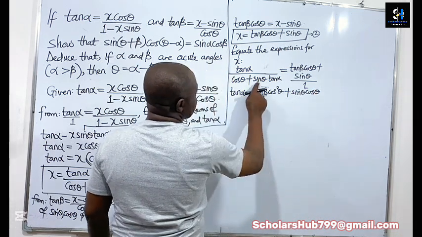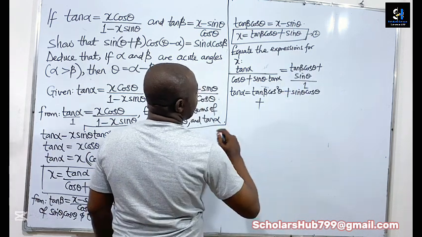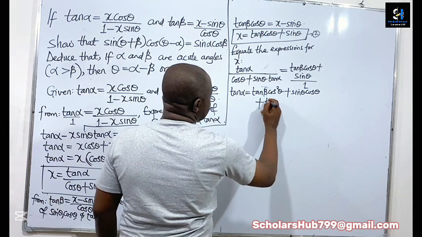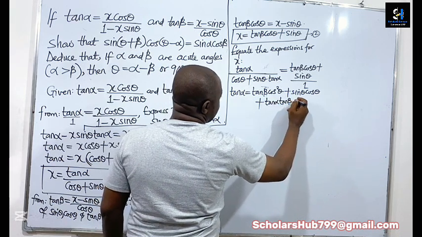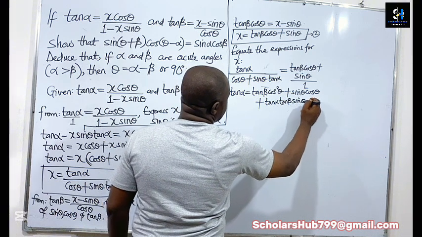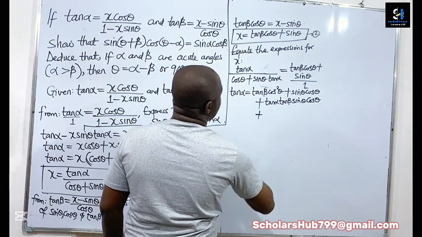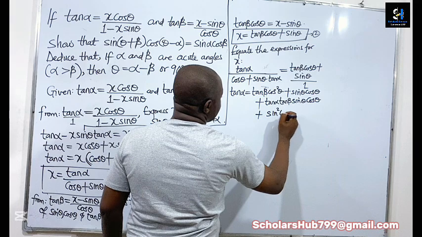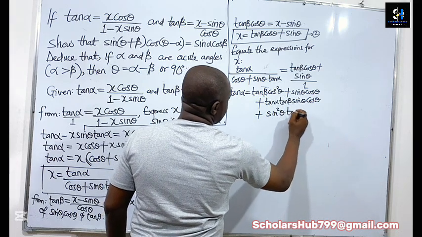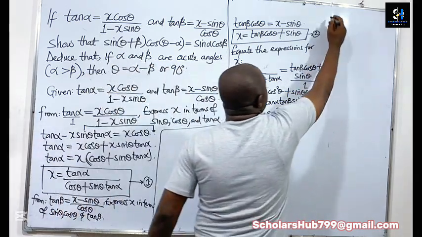Then plus sin theta multiplied by tan beta cos theta, that will be tan alpha tan beta sin theta cos theta. Then plus this multiplied by this, which will be sin squared theta tan alpha. This is the right hand side.